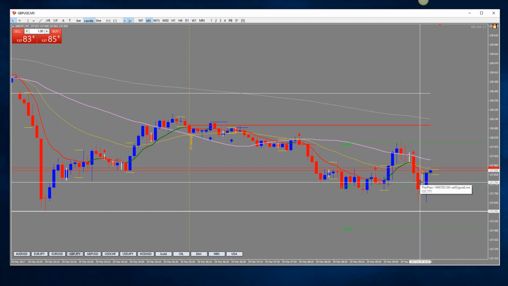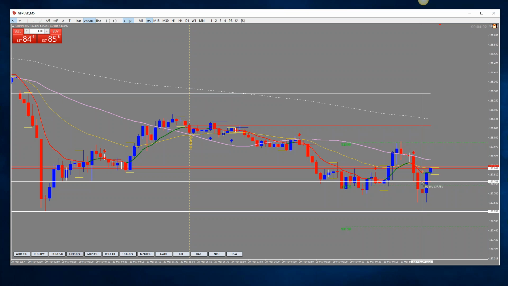If I had taken the trade earlier on the break of this signal, that would have been good, but I didn't like that trade because of the 75. As you see here, this was above the 75, and there's only 1.5 pips to the 75, and you've got a spread of 1.3 plus, so there would have been no money in it for me.